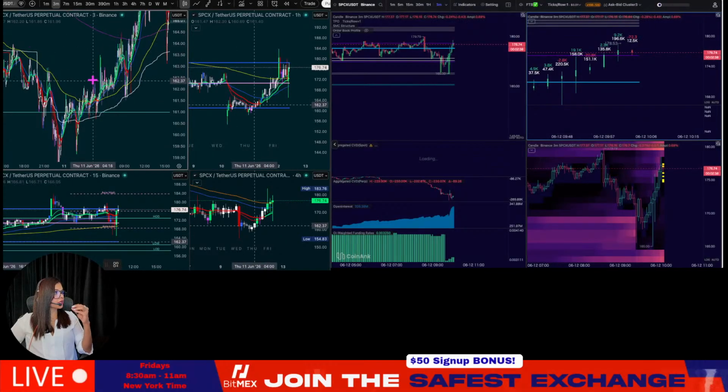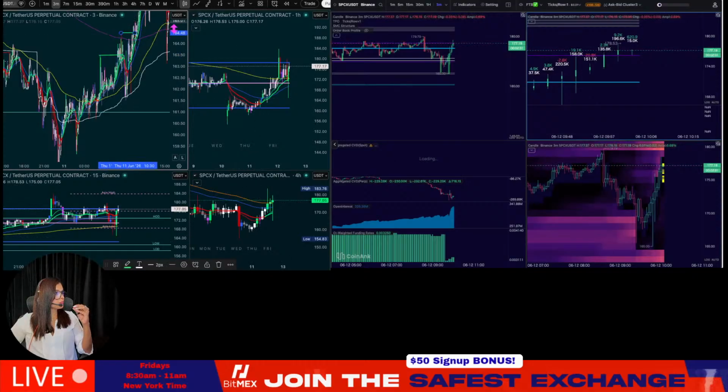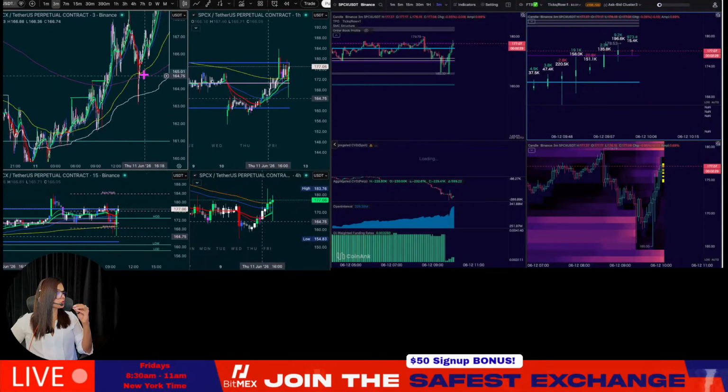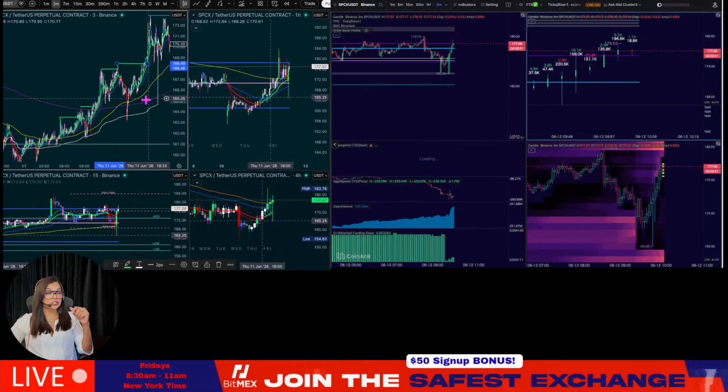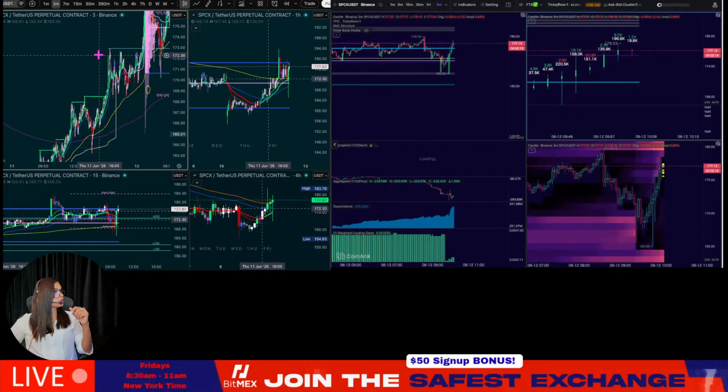So I also have an indicator for that if you guys want to check it out. So here is a BOS in this trend. Here is a BOS. Here is a BOS. Break of structure. And so on and so forth.